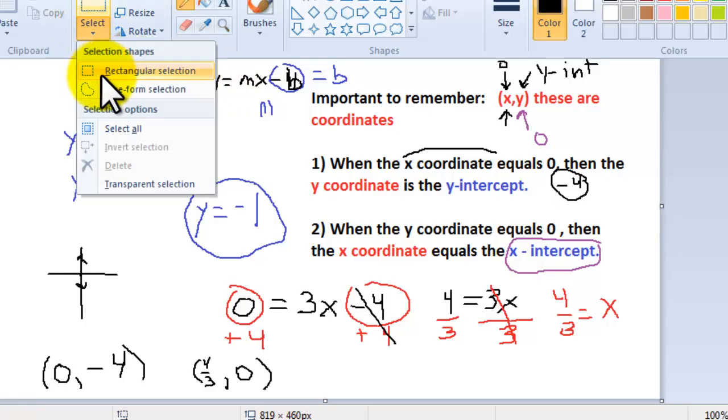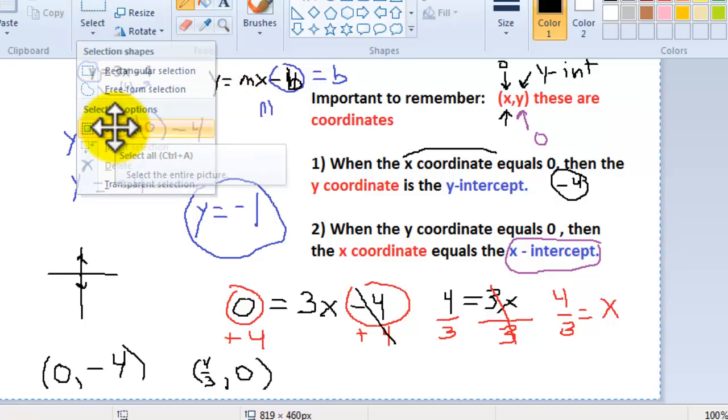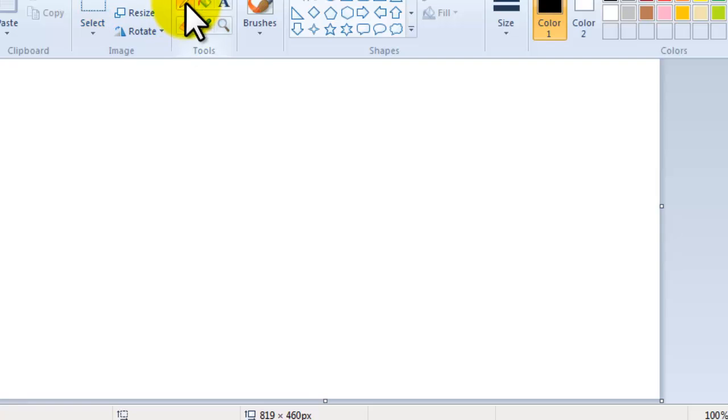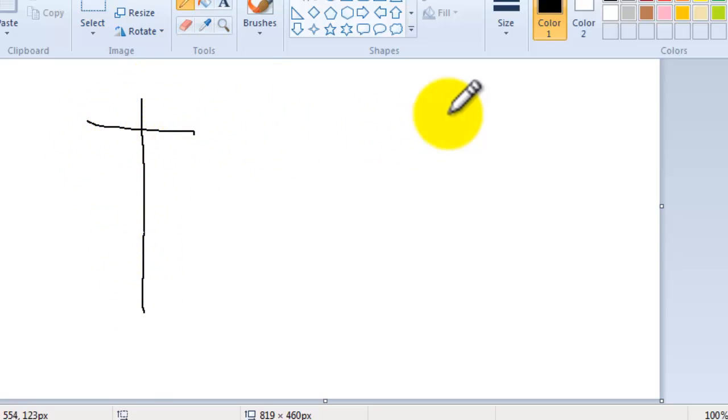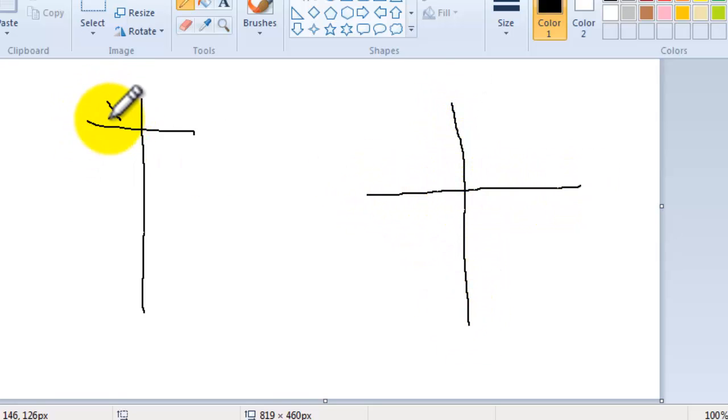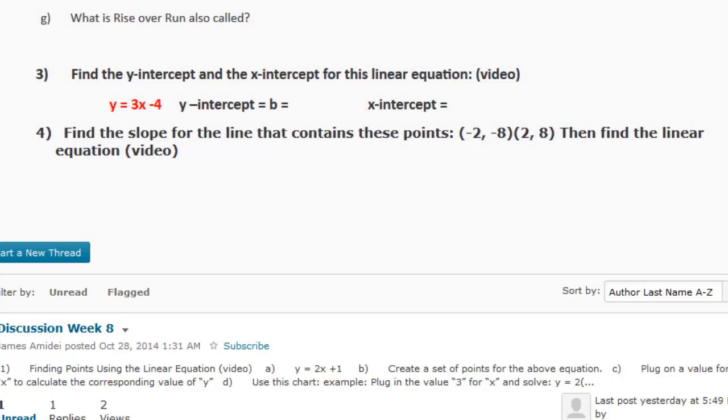Let me clear this really quick. If you plot points for that equation like we did in the last problem, so you plot x and y values, our linear equation was y equals 3x minus 4.